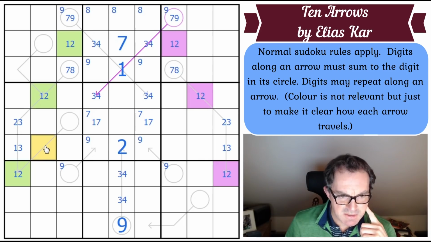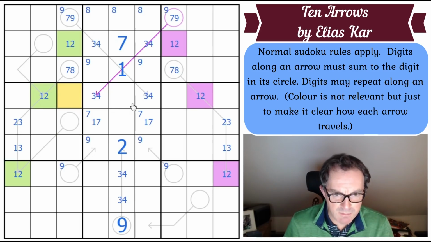So this is at least 4. So this is at least 5. This square is at least 5 as well, because that sees 1, 2, 3, and 4 in its row. So this is at least 5. This is at least 5.